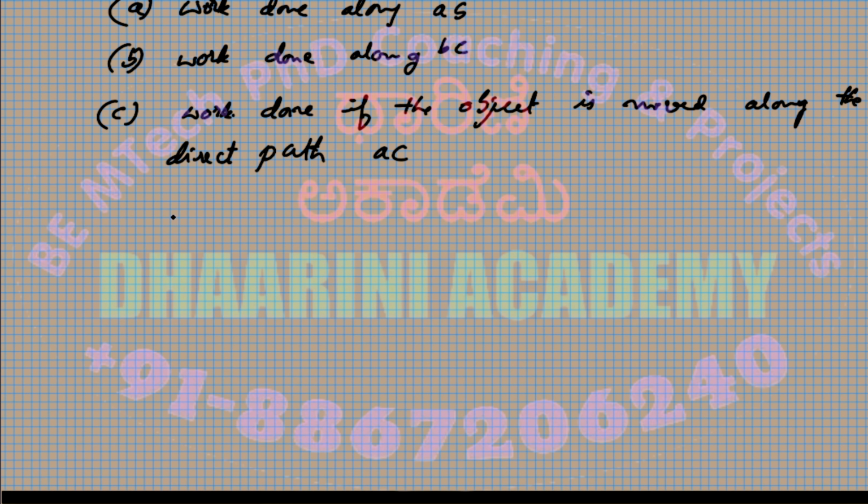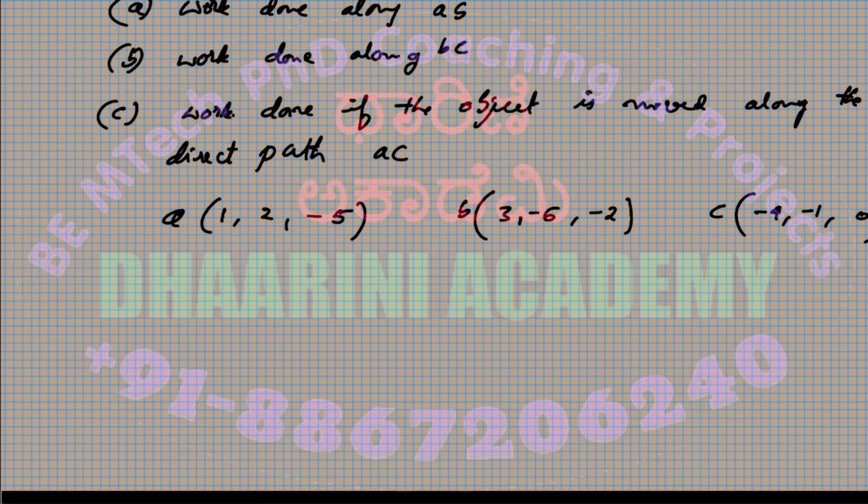Okay, so here A is given. A is equal to 1, 2, minus 5. B is given as 3, 6, minus 2. C is given as minus 4, minus 1, 0.